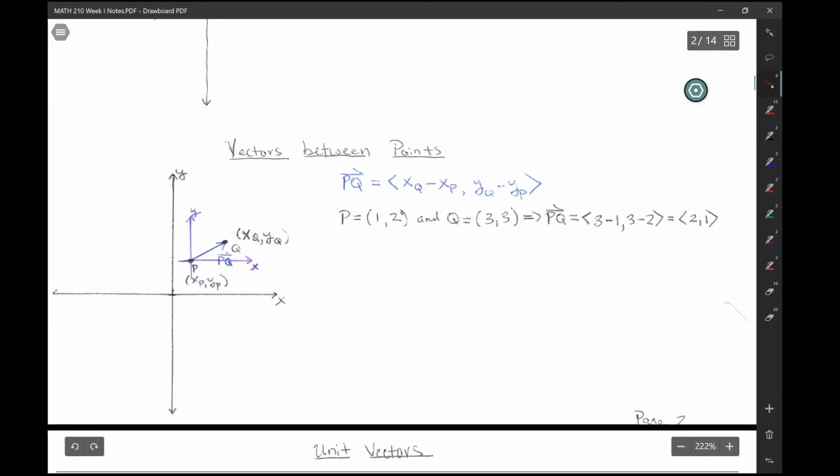And we do the same thing with the y components. That's where you get 3 minus 2, and you'll have a y component of 1. And that's the vector PQ right here in blue.